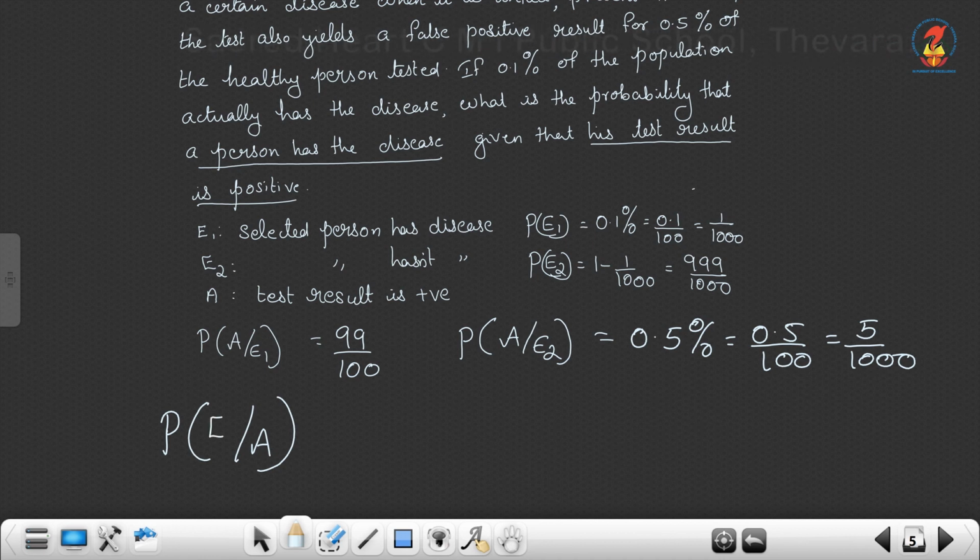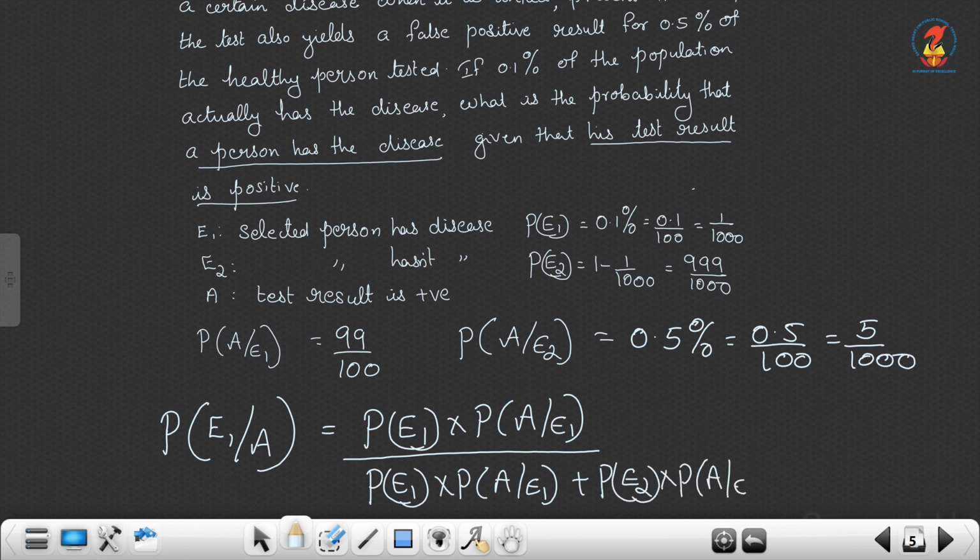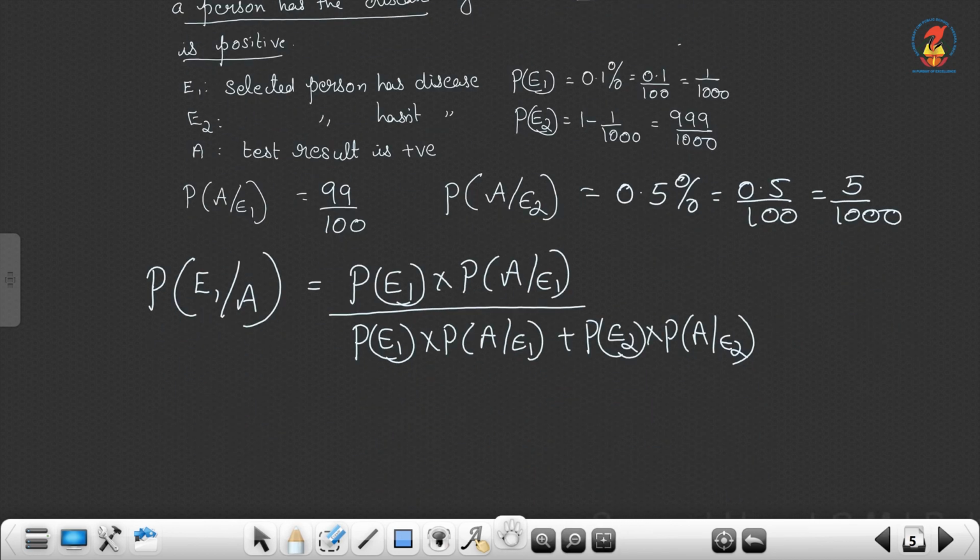Now the question is, the test is positive and the person has disease, that is E1. So by Bayes theorem this is equal to P of E1 into P of A given E1, divided by P of E1 into P of A given E1 plus P of E2 into P of A given E2. Now substitute.